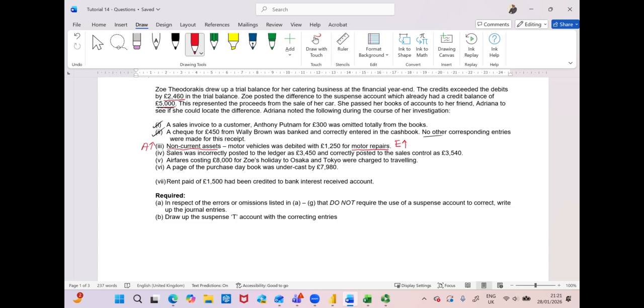So now we need to remove the balance from the motor vehicle non-current asset account and transfer that into the motor repairs account.